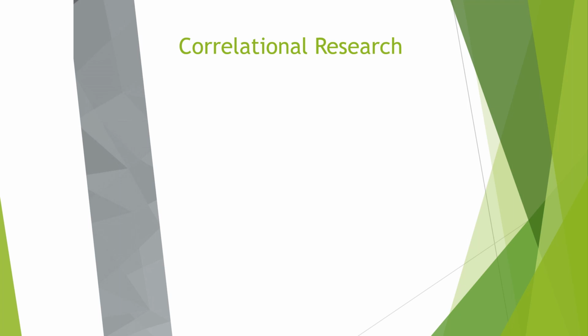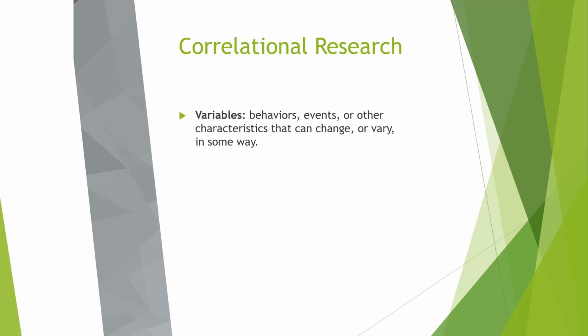So with correlational research, you have, number one, variables. Variables are behaviors or events or other characteristics that can change or vary in some way. So perhaps you're talking about hair color or skin color or religion or race or political affiliation or socioeconomic status, education levels. Those are all variables that you could have in your study.